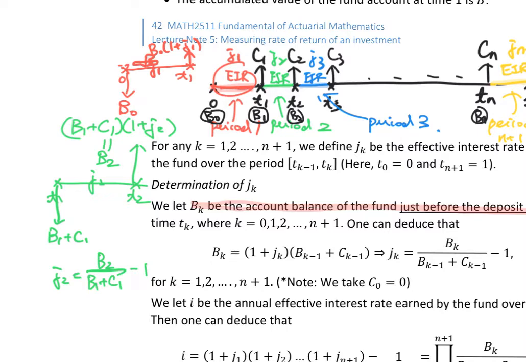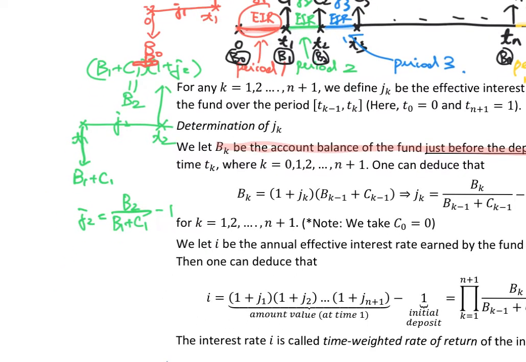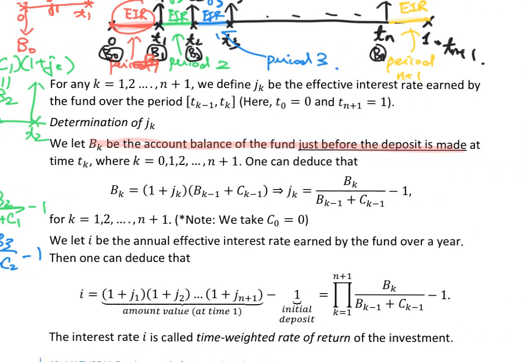In a similar fashion, you can repeat the same trick, and you can get J3 easily, which is equal to B3 over B2 plus C2, minus 1. More generally, if you consider any arbitrary period, the EIR Jk is governed by this equation.